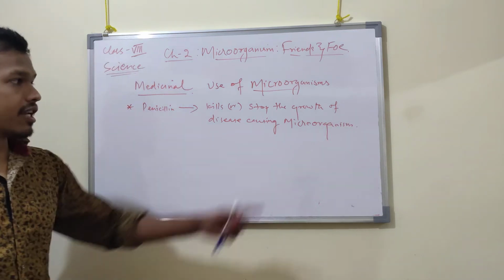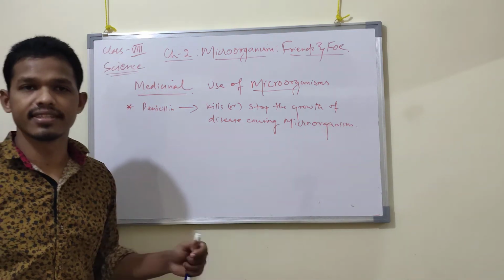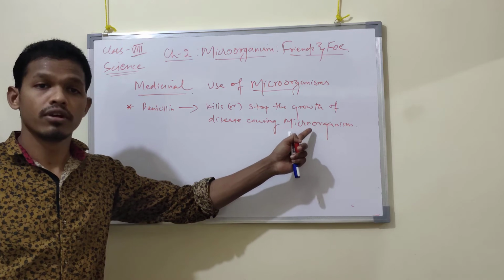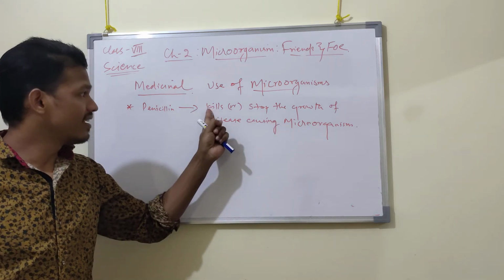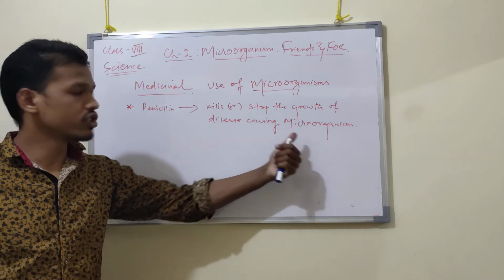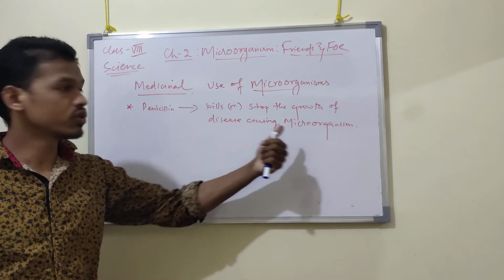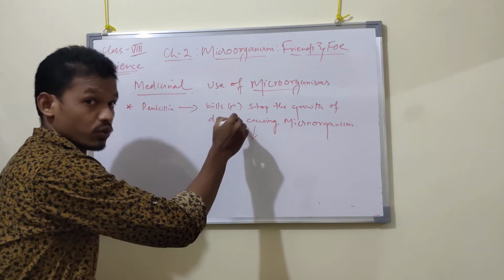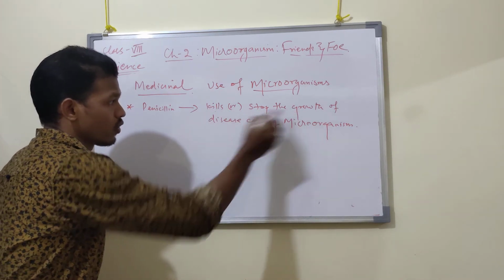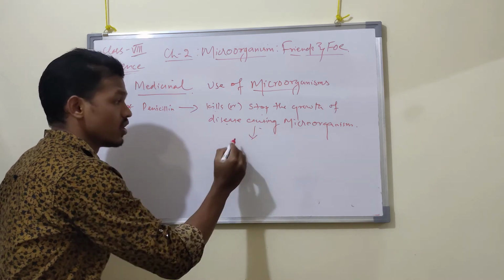I already told you that there are some microorganisms which cause diseases. They are also known as harmful microorganisms. These are the medicines which are used to kill or stop the growth of disease-causing microorganisms.